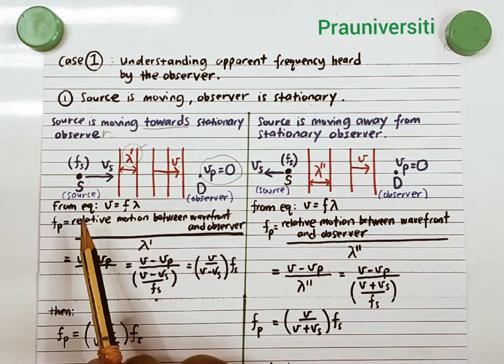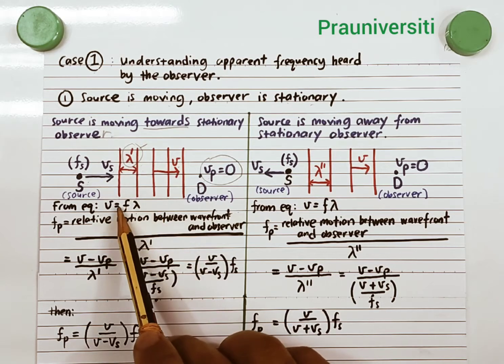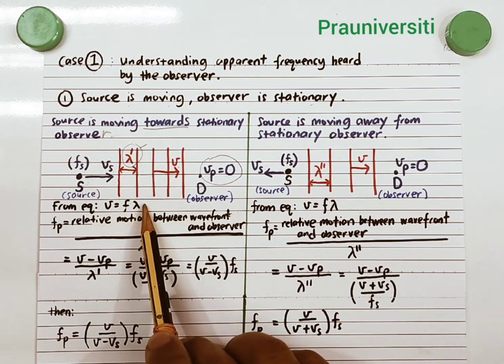In general the equation is V equals F lambda, but then we manipulate this equation.